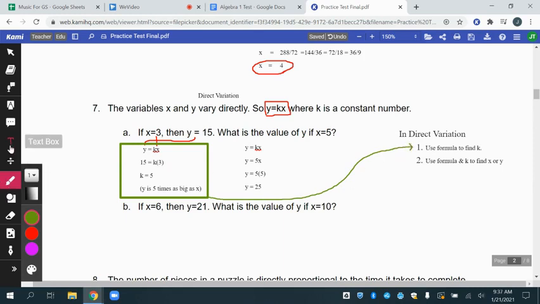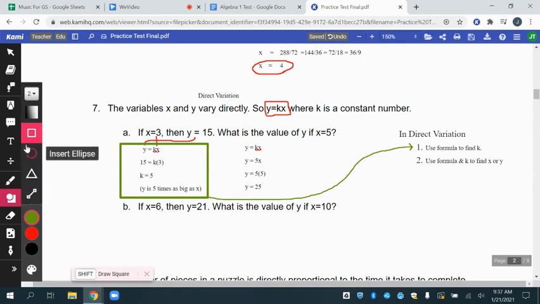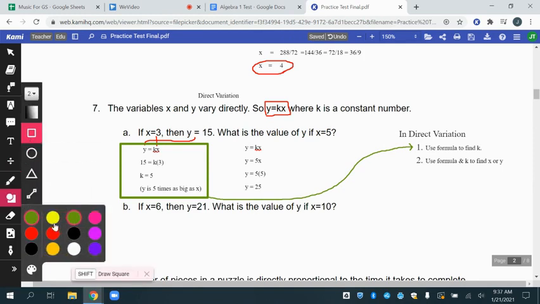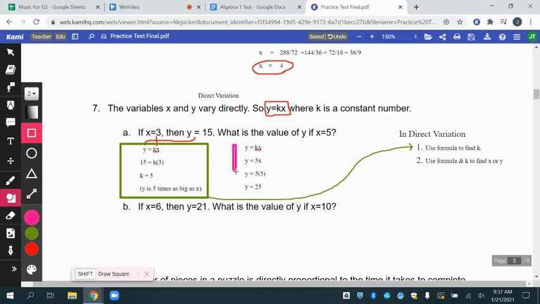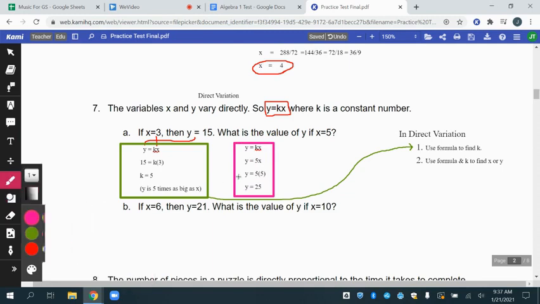Now I'm going to box the other one in pink, and I'll make a line to it as well. That's step 2. All right, that's the 2 steps. That's what we're doing here.